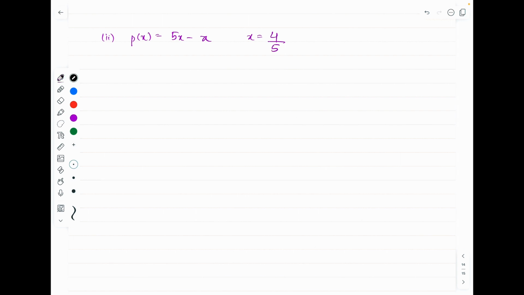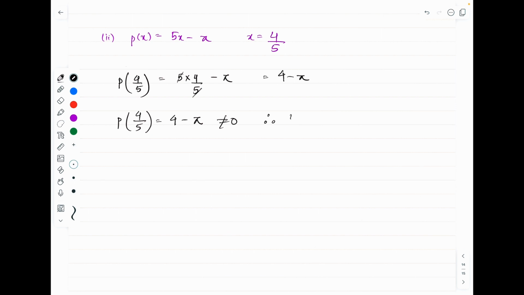For that, what will we do? We will find the value of the polynomial at 4 by 5. So instead of x, we will write 5 into 4 by 5 minus pi. The 5 is cancelled, and we are getting 4 minus pi. So p of 4 by 5 is 4 minus pi, which is not equal to 0.